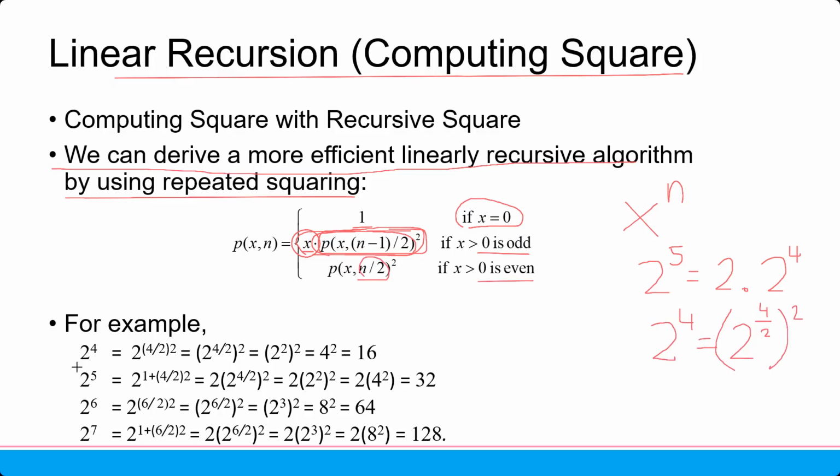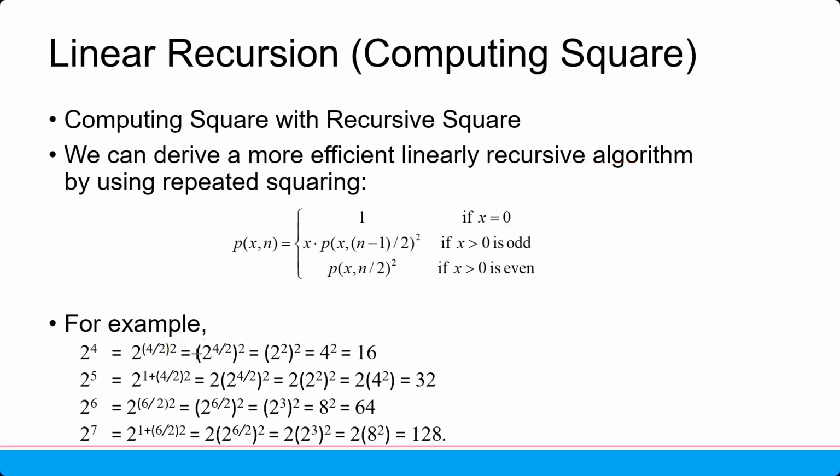So 2 to the power of 4 is the same as 2 to the power of 4 divided by 2, multiplied by 2. Using this, I can have 2 to the power of 2 times 2 to the power of 2, which is the same. Then we have the short version, 4 to the power of 2, and the result is 16.